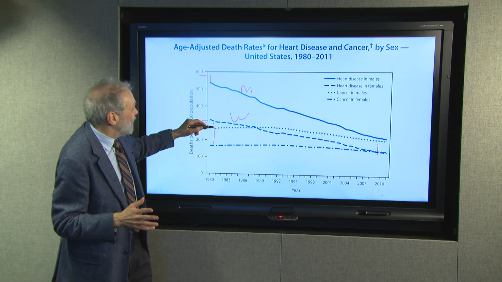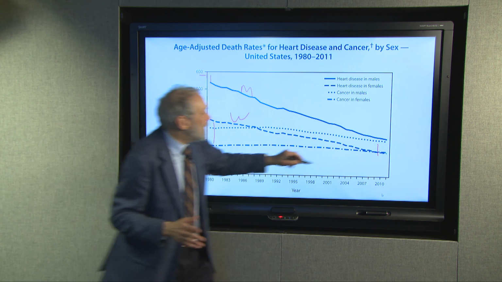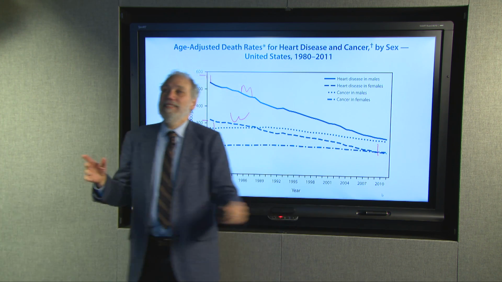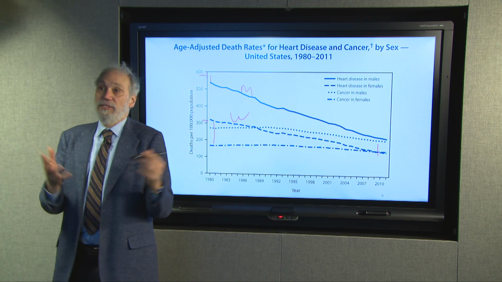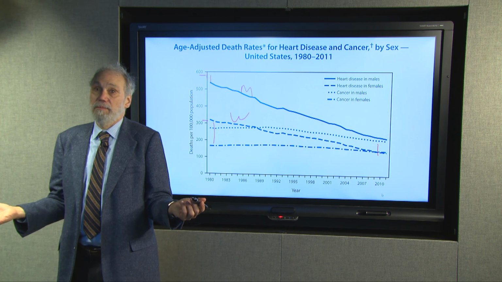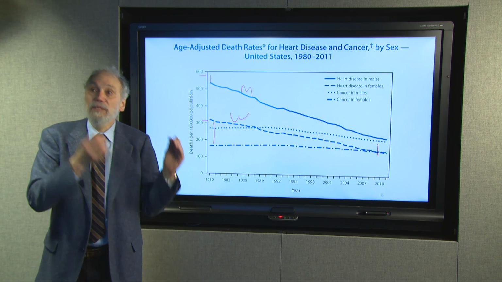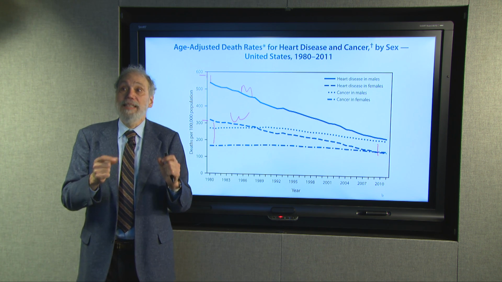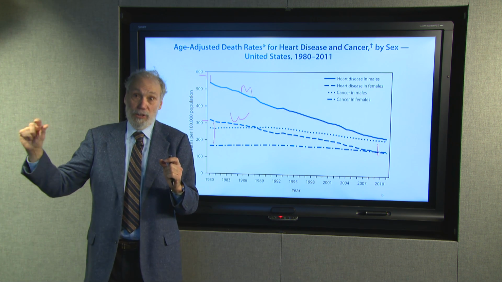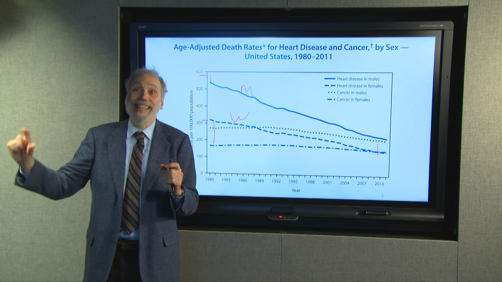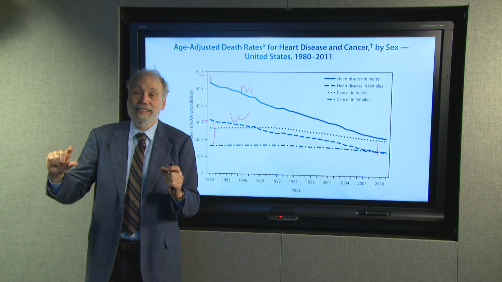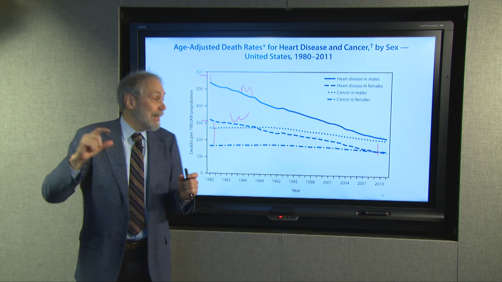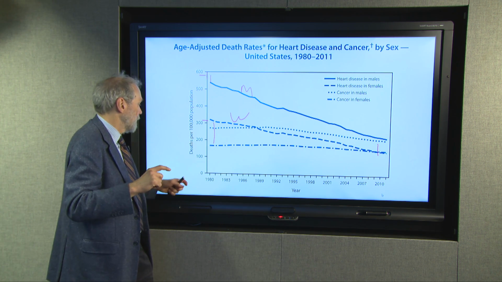The ratio of this to that is bigger than the ratio of this to that, because mortality rates have been declining faster for men than for women. That's what non-proportionality means. It means the ratio of the rates in the two groups is changing. It's not some fixed constant. And that's something you need to deal with in any proportionate hazard model.